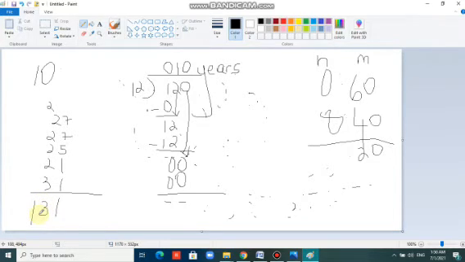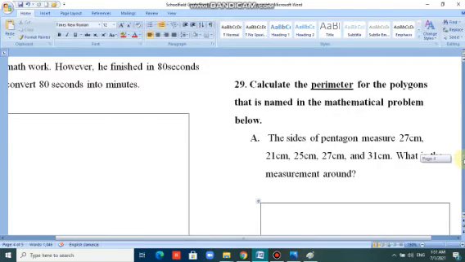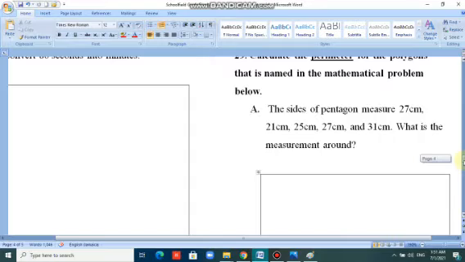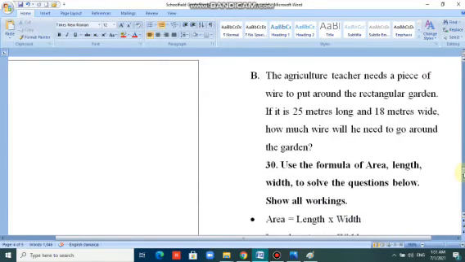So the answer is what? 131. Right. Centimeter. Let me put my centimeter there. Alright, beautiful. So moving right along. So that's the measurement around, alright? 131 centimeter, that's the measurement around.